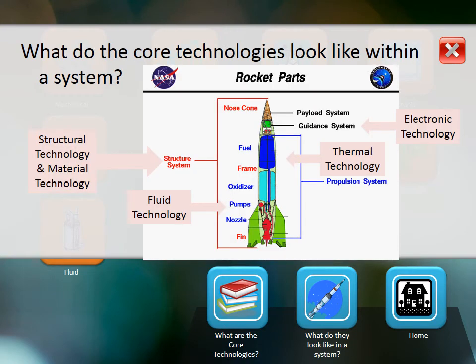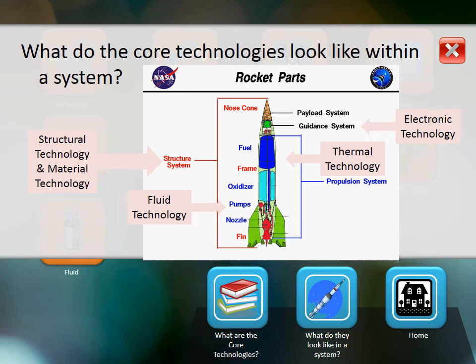Now, we want to see what core technologies look like if you're going to combine them in a system. First of all, we have the whole thing set up. First, we're going to look at the fluid technology, structural technology and material technology.